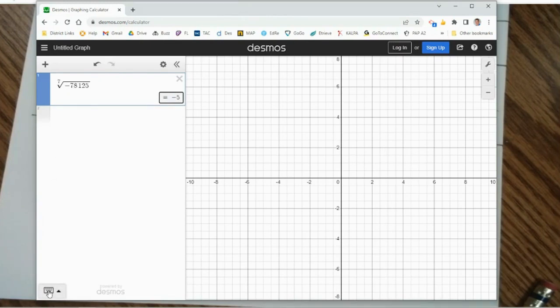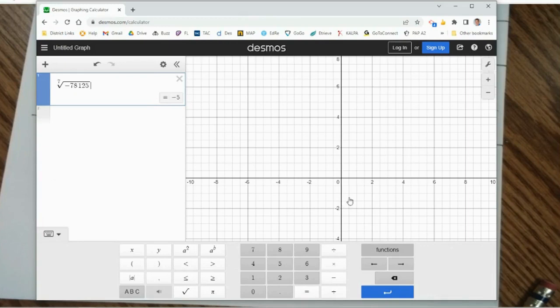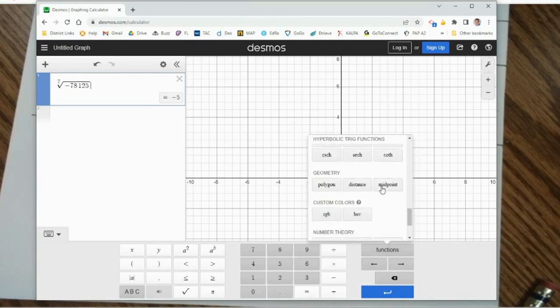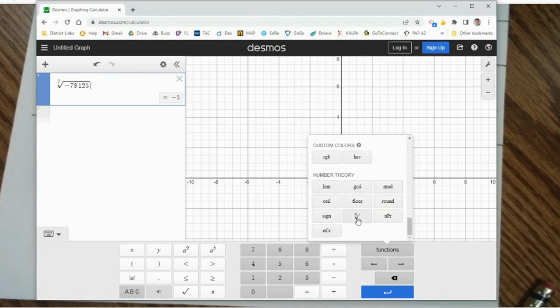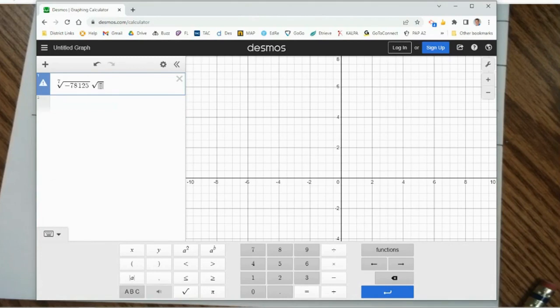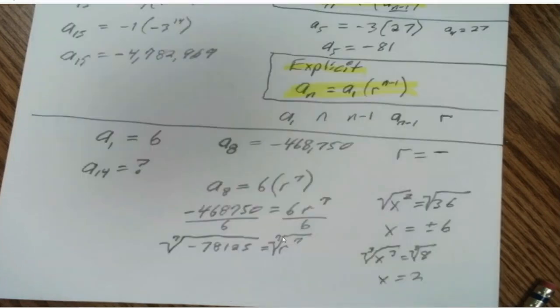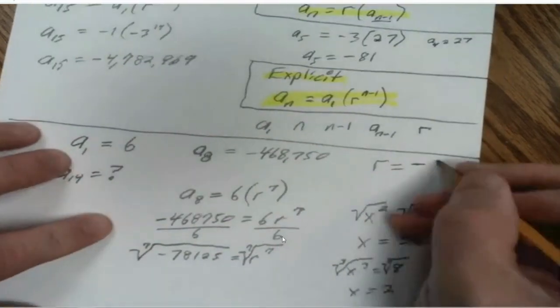So you go to the functions, go down far enough, and there it is: the nth root. You can decide what n is. If you need just the square root, make n a 2. Whatever root you need can be done right there. Very nice. So negative 5 is our answer. Now we know R is negative 5.